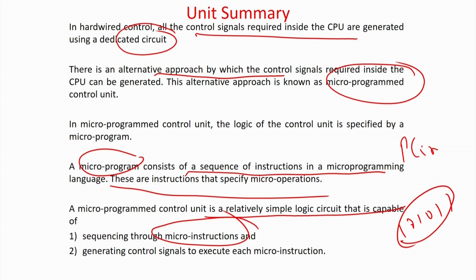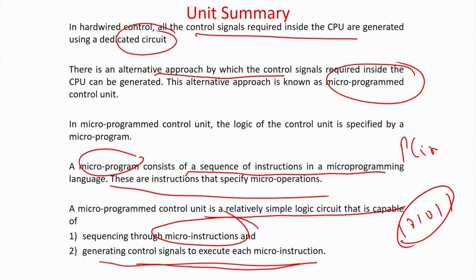Therefore, you have to go in sequence; that is one job of that logic. I will tell you what is sequencing and control signal generation. It has 2 parts: the control signals have to be generated in sequence, and the generation of the control signal itself is very simple, that is, these values just have to be dumped from the memory and go to the corresponding locations.